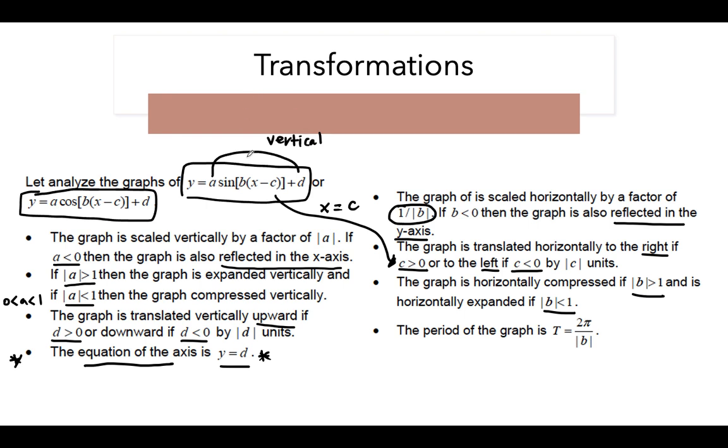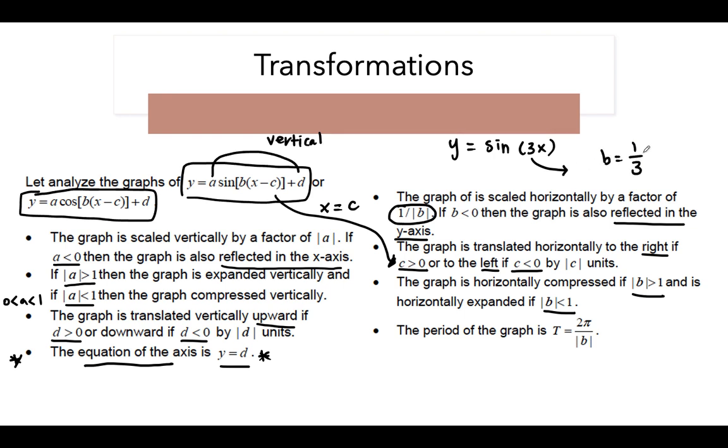So for example, y is equal to sine 3x. In this case, I'm going to take it out of the bracket. So 3 is greater than 1, which means it's going to be horizontally compressed. Another way you can look at it is to take the 3 out, so B is equal to 1 over 3.